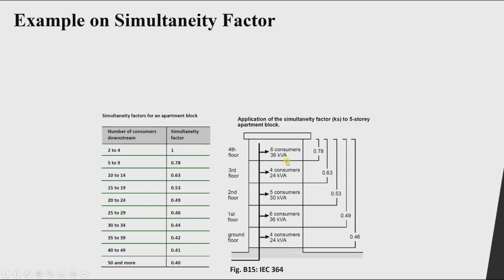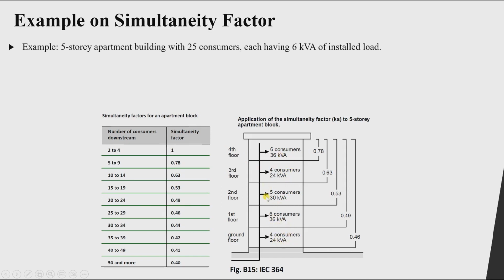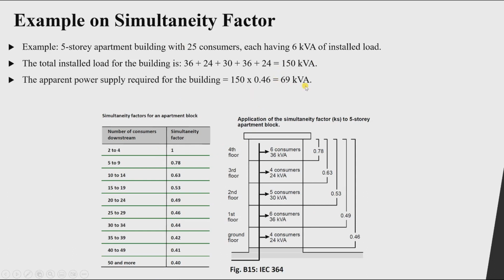So I am going to add all of these demand loads and multiply them by what? Multiply them by 0.46. You can see here, we added all of the demand load, not connected load, for each panel: 150 kilovolt ampere. Take this one and multiply it by 0.46, for 25 consumers. You have gotten the apparent power of the supply or transformer, or the amount of power needed for the building: 69 kilovolt ampere.